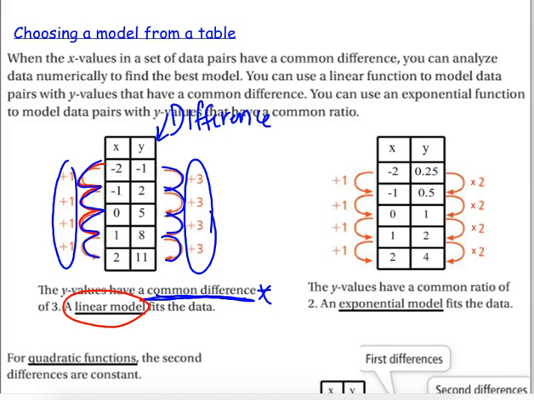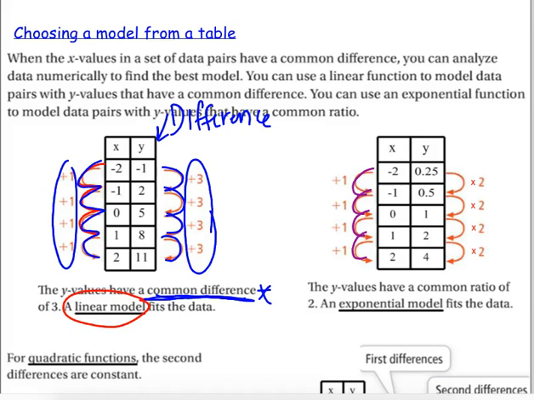Now if we bump over here to our exponential model, again, kind of boring. Your x values are just increasing by 1. Cool, super great. We know that. Now I'm going to bump over to my y side. So how am I getting from 0.25 to 0.5?